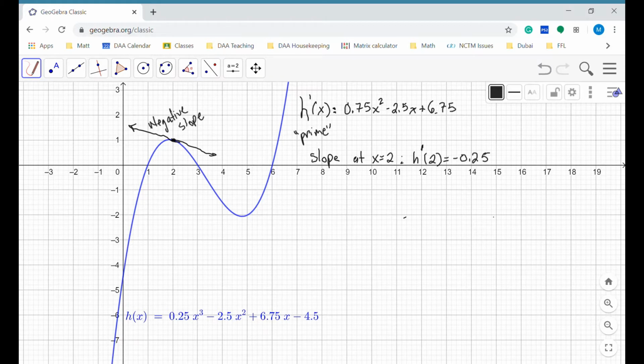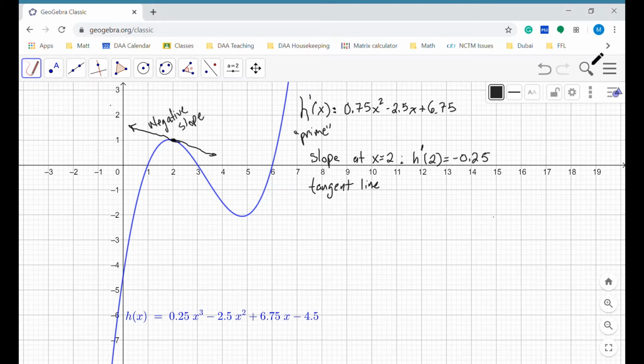Now, a common problem that you will see is needing to find a tangent line or finding the normal line at that point. So what we're going to do then is just continue that. I'm going to find the equation of this line. The tangent line, or sometimes they just say tangent.